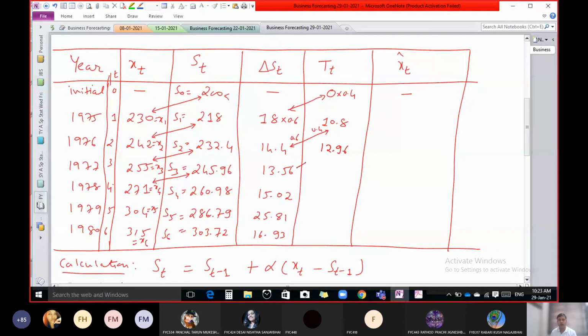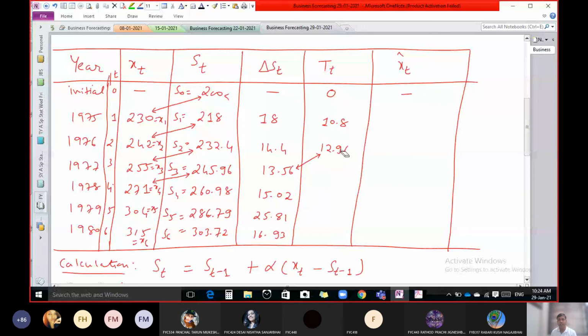Now next calculation. How to calculate? Same thing. Multiply this by alpha and this by 1 minus alpha. Tell me the answer. 13.32.